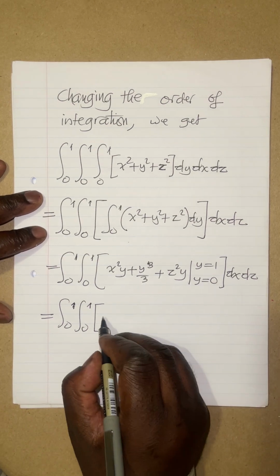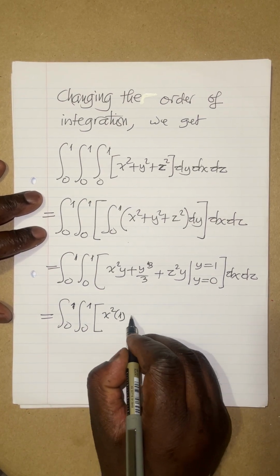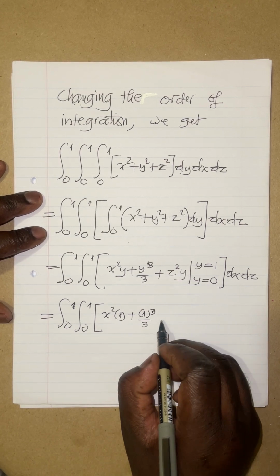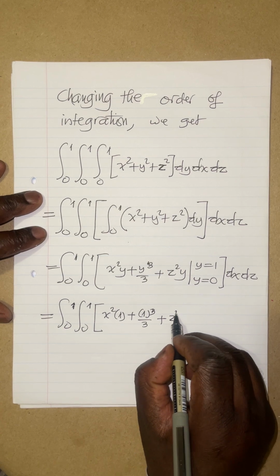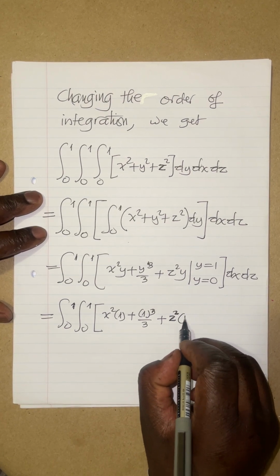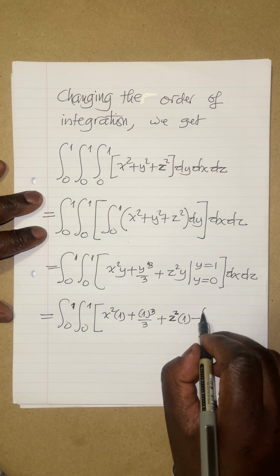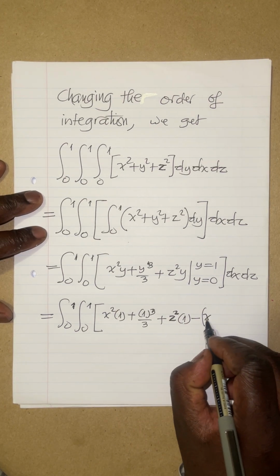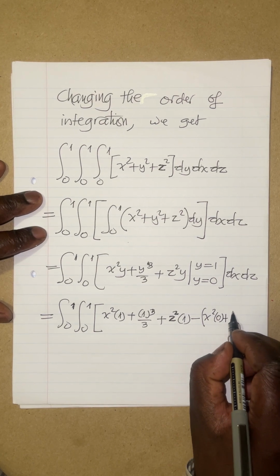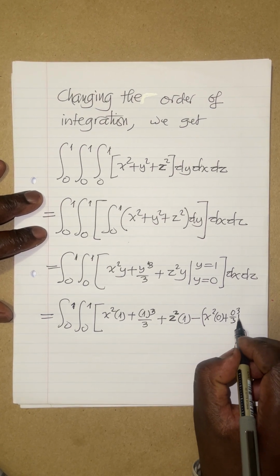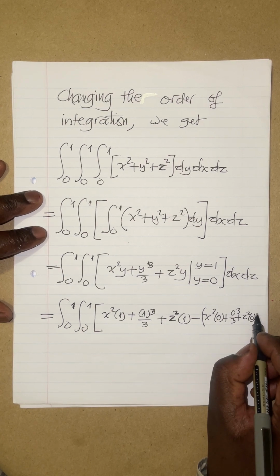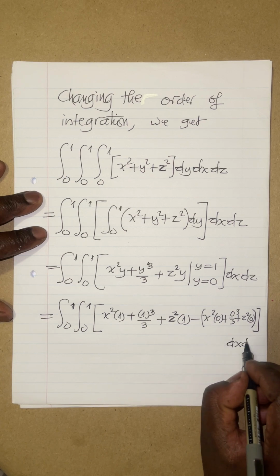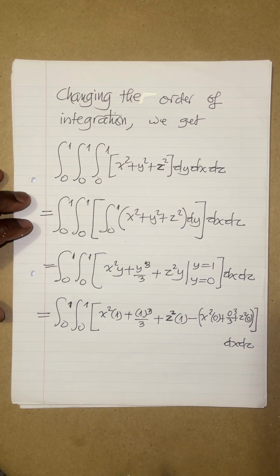I'm putting 1 there, so it will be x squared times 1 plus 1 cubed over 3 plus z squared times 1, and then I must say minus, watch this, put 0 there and there and there, so it will be x squared times 0 plus 0 cubed over 3 plus z squared times 0, and then I have to close that and then close that and then say dx dz. Now this is 0 obviously, as you can see.